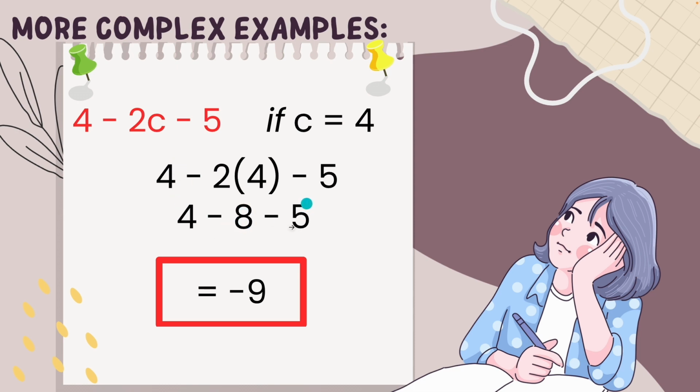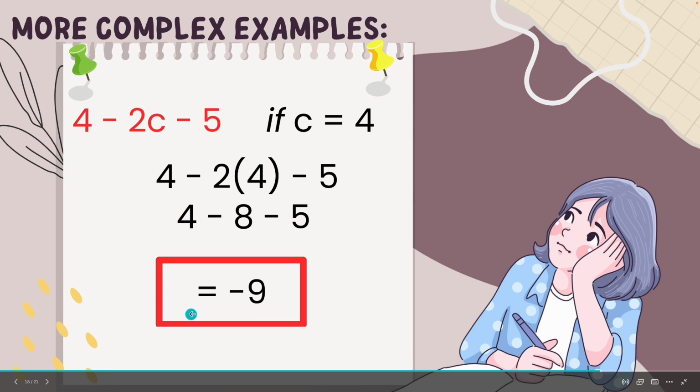And then let's bring down the other constant here. So 4 minus 8 minus 5. Now let us subtract the first one. So 4 minus 8 is equal to negative 4. And then subtract it with 5. We will be getting negative 9.